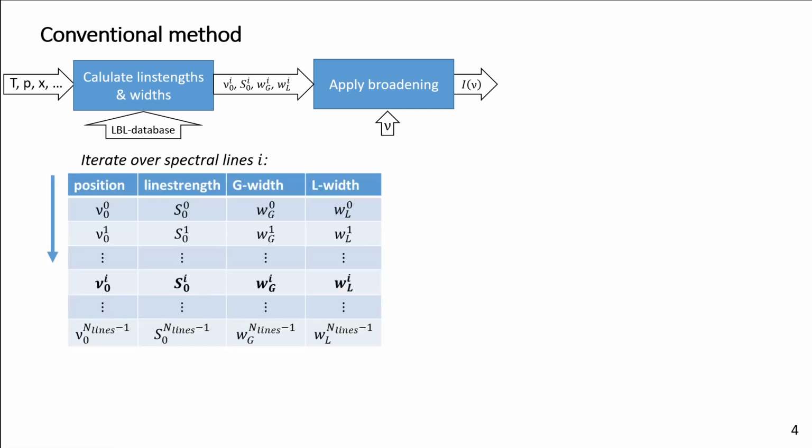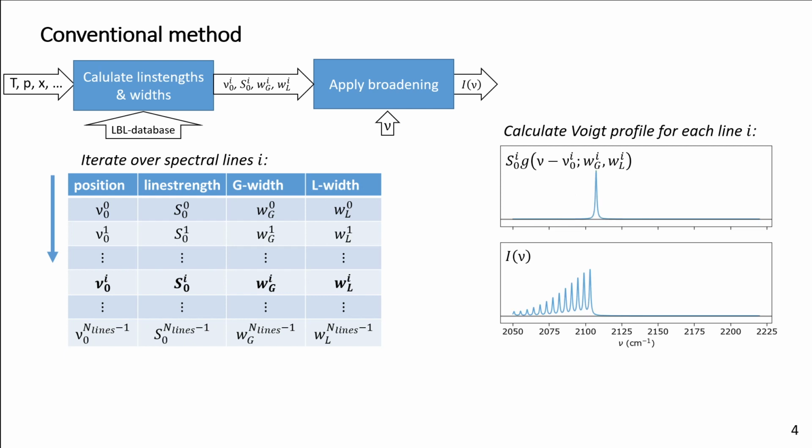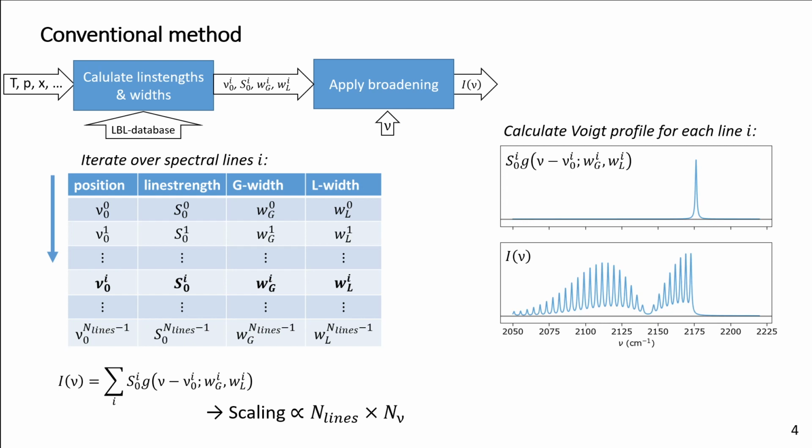In the conventional method, the output spectrum is generated by iterating over the spectral lines in the line list and calculating a Voigt profile for each line. All these profiles are then added together to get the output spectrum. Because in this method we produce a line profile for every line, the computation time scales with the number of spectral lines times the number of spectral points.